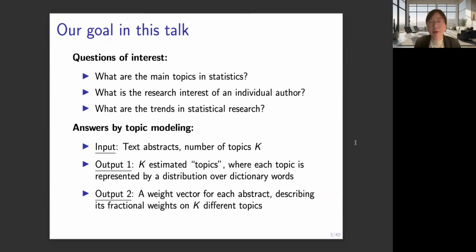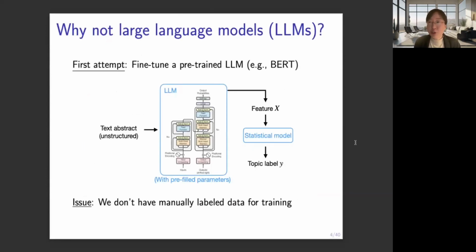If I were giving this talk a year ago, I could now start presenting my model and method. But nowadays, a lot of people will ask, why not use the large language models? So I did try using LLMs to answer these questions.